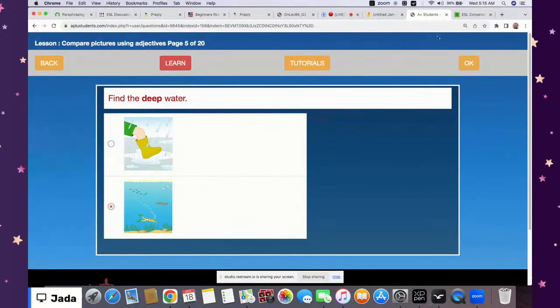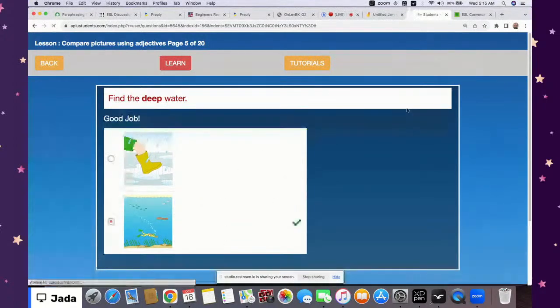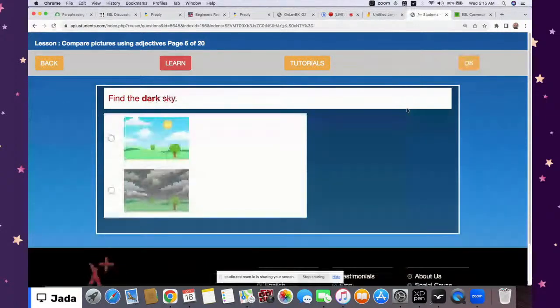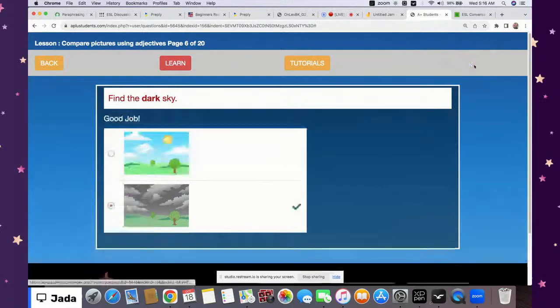Okay. All right. So find the dark sky, first or second. The dark sky, first or second. Is it the first one or the second one? Second one. Okay.